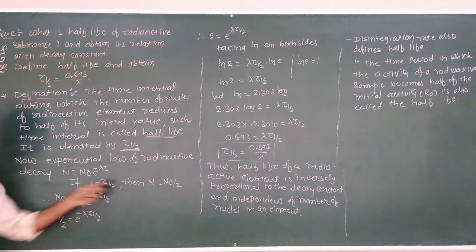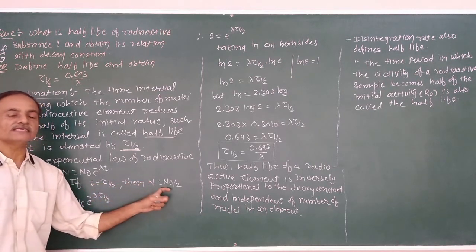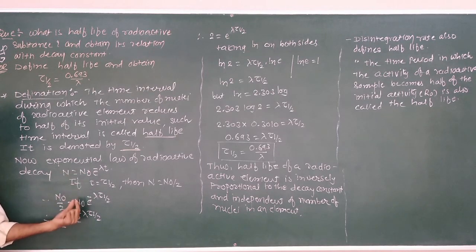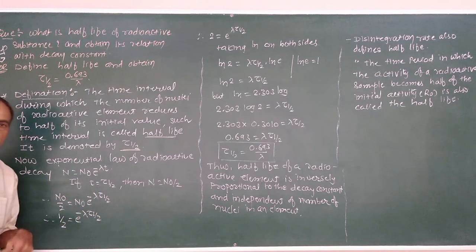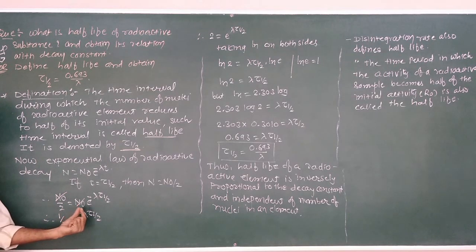We substitute t equal to τ half and N equal to N0 by 2 in this equation. Therefore, N0 by 2 is equal to N0 e^(−λ τ half). N0 and N0 cancel, therefore half is equal to e^(−λ τ half).